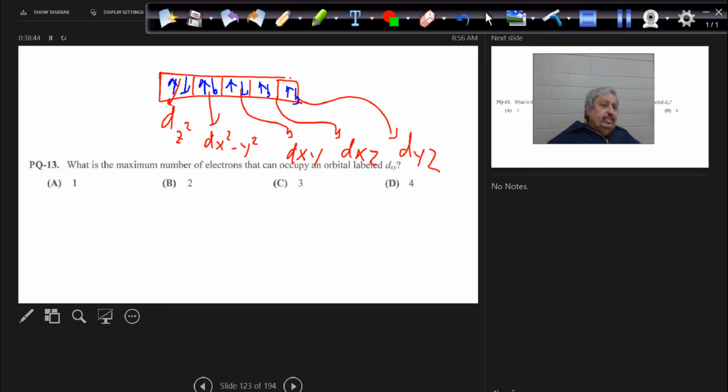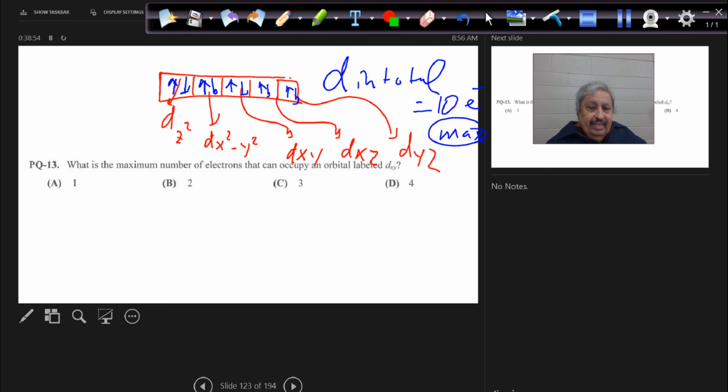The d orbital in total will have a maximum of 10. Now the dxy will have 2. Each of those orbitals will have 2. Correct, guys? So the answer should be B. But the total will be 10.